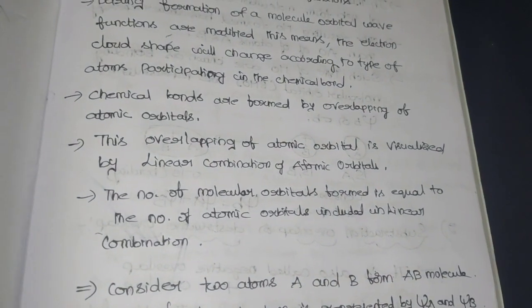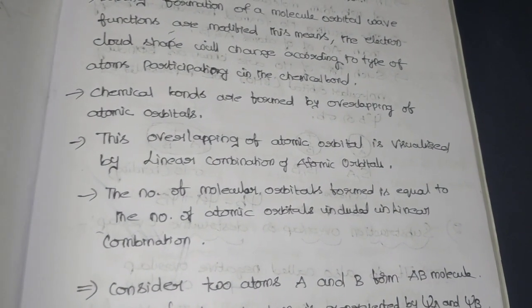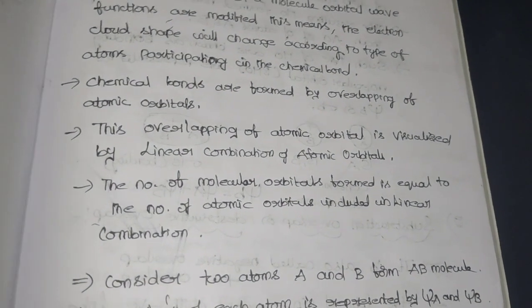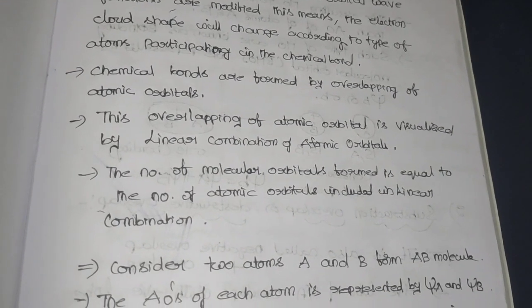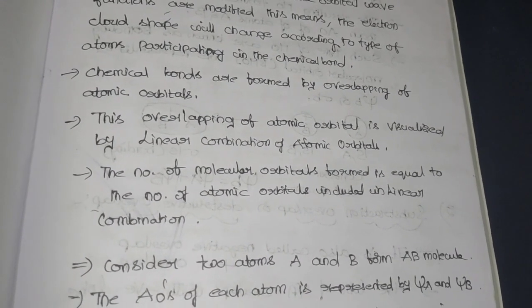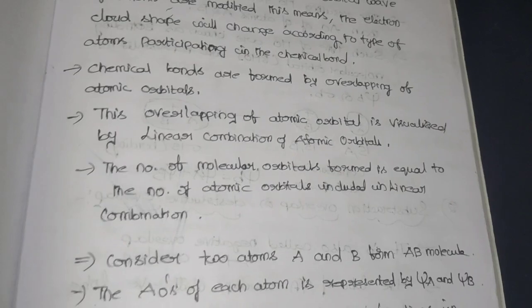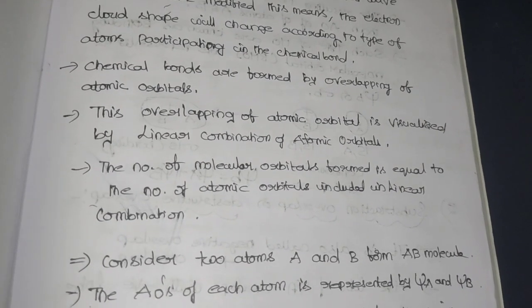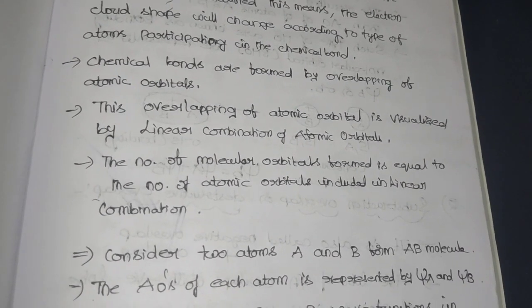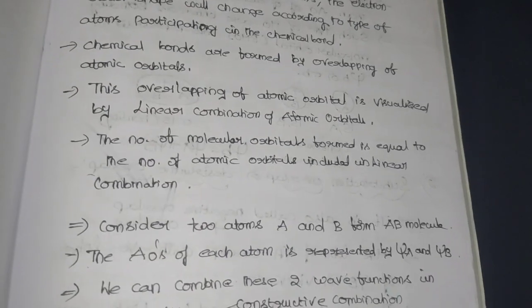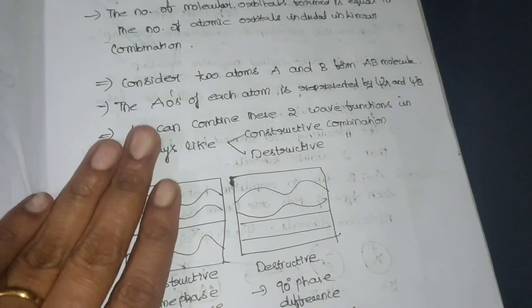The number of molecular orbitals formed is equal to the number of atomic orbitals included in the linear combination. However many atomic orbitals are included in this overlapping, that many molecular orbitals will be formed.